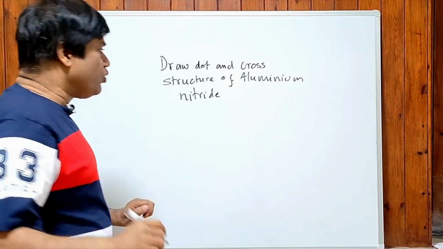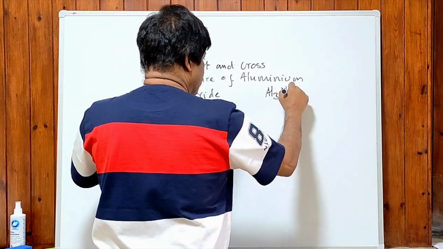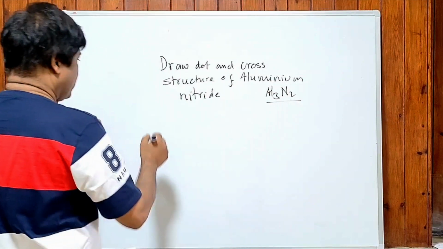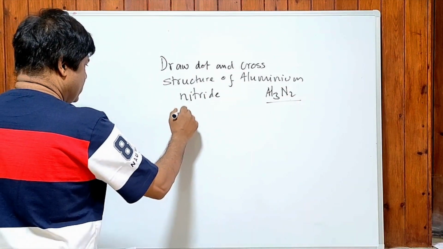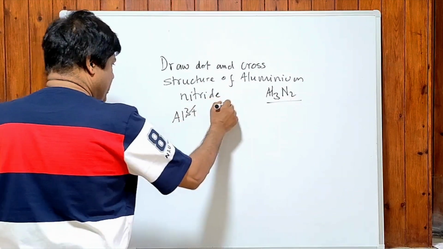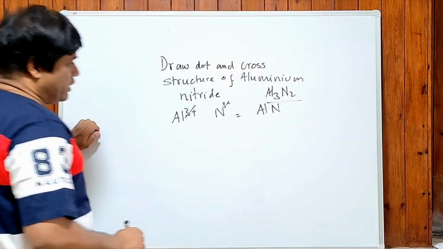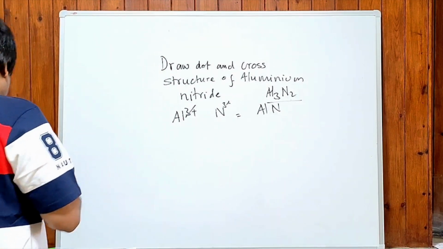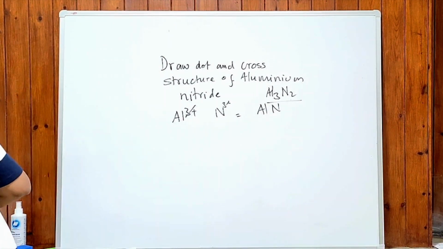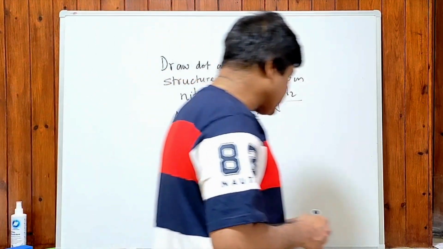Accidentally I wrote the formula as Al3N2. That's wrong, guys. Aluminium is Al3+ and nitrogen is N3-, so plus 3 and minus 3 cancel. The formula is AlN.